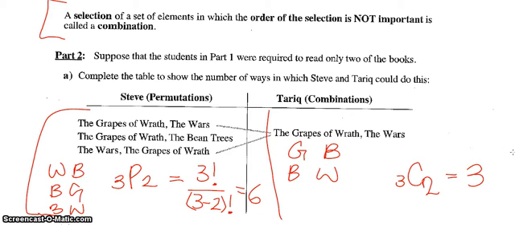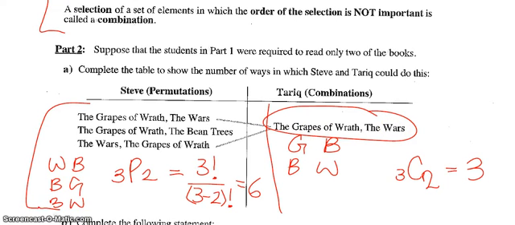The combination number will always be less than the permutation number, because for combination the order doesn't matter, so for the same combination you just count it once. But on the permutation side, you count it twice, because you can have Grapes and Wall or Wall and Grapes.